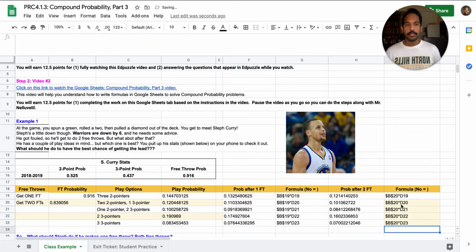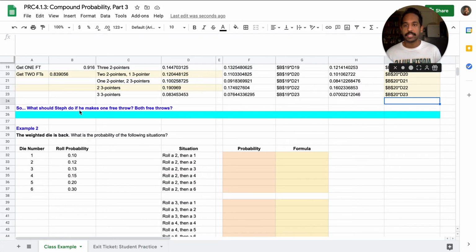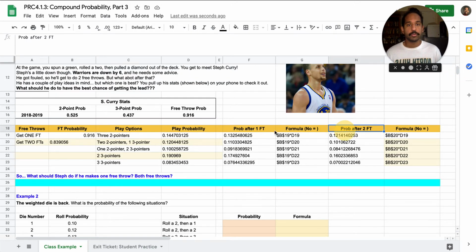All right. So which of these is the best situation? Let's say if he does one free throw, and actually let's see this question. So what should Steph do if he makes one free throw or both free throws? Well, if he does one free throw, which situation has the highest probability? We look at these, and I notice that this one, the 2 3-pointers.